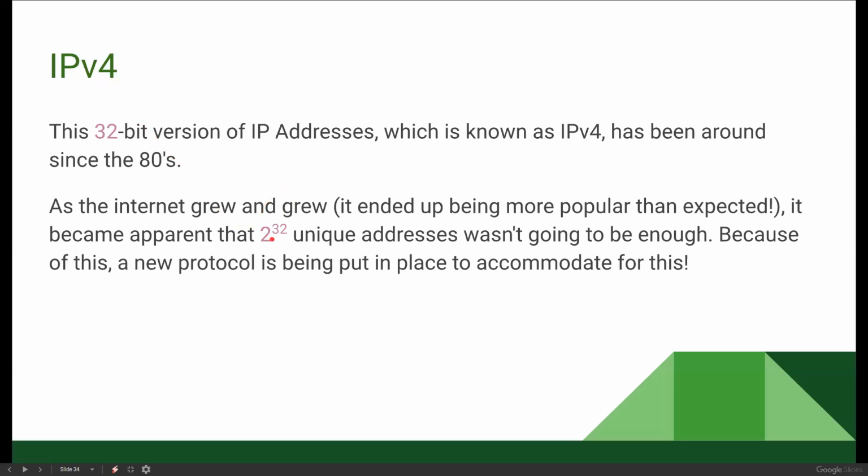They thought 2 to the 32nd unique addresses, that's going to be plenty. There's no way 4 billion devices are ever going to be connected to the internet. Unfortunately, they were wrong. Because of this, a new protocol is being put in place to accommodate for this lack of unique addresses. We need more.